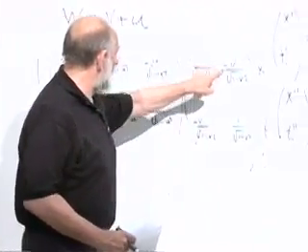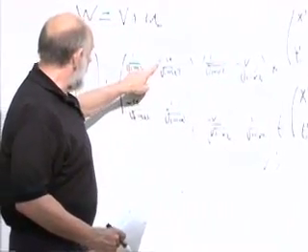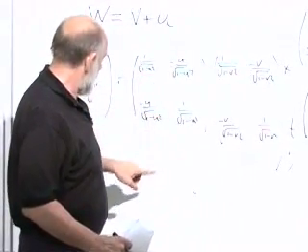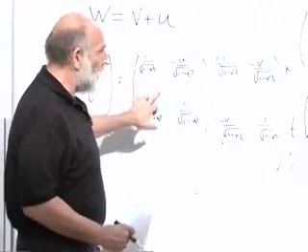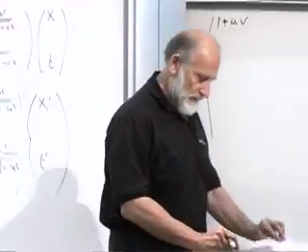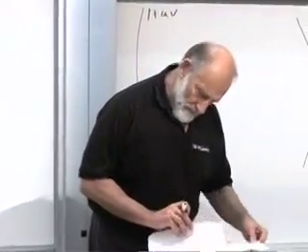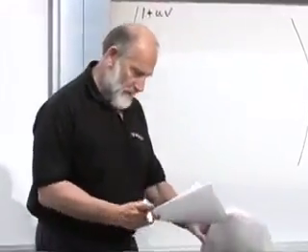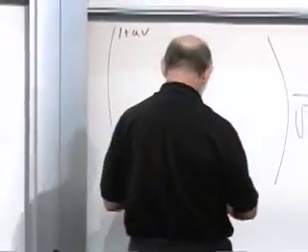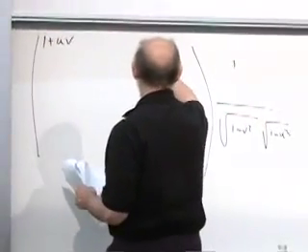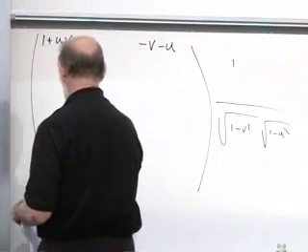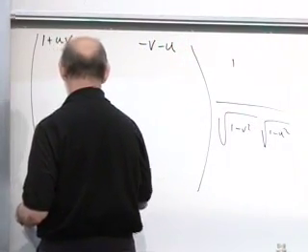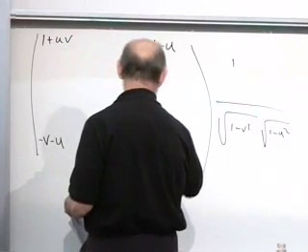That's 1 times minus v and minus u. I think it's minus v minus u. Is that right? I think it's also minus v minus u down here, and I think it's 1 plus uv over here.